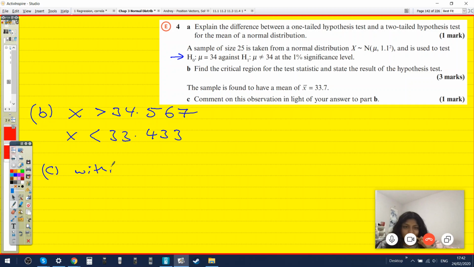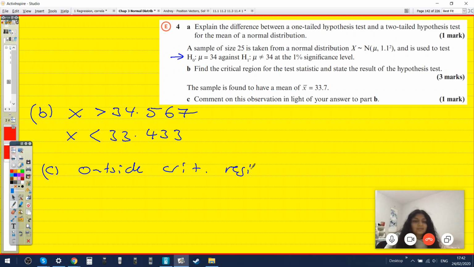Wait, is it in the critical region? No, it's not in the critical region. So you reject H1. Sorry, I just read the bottom line wrong.